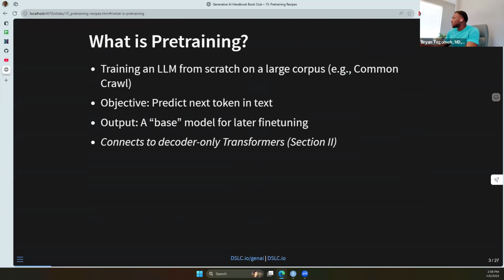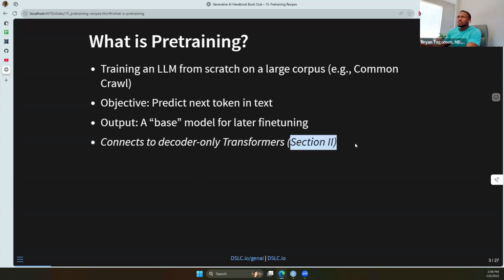So what is pre-training? Pre-training means teaching an LLM from scratch on a vast amount of text data. The goal here is to predict the next word. The resulting model serves as a powerful starting point for more specialized tasks, so we can build more specialized AI agents on it. We're building a base model that can later be fine-tuned to do more specific tasks.